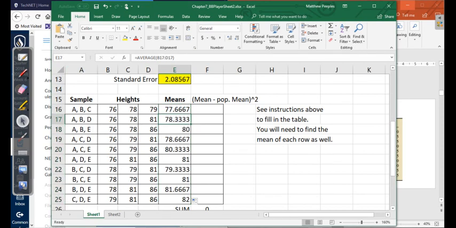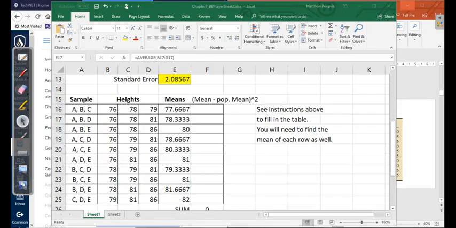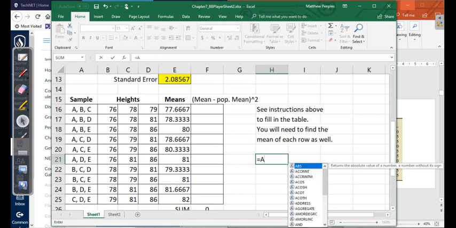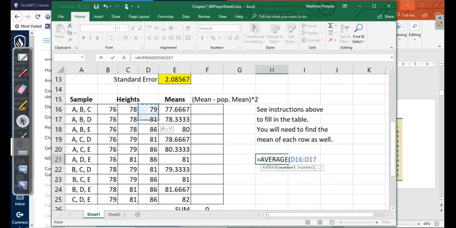Okay, so what could we say about these things? Well, of course, the mean of these sample means is the same as the population mean. Once again, if I get the average of all the entries here in column E, which is where my mean is now, sure enough, the average is 80.